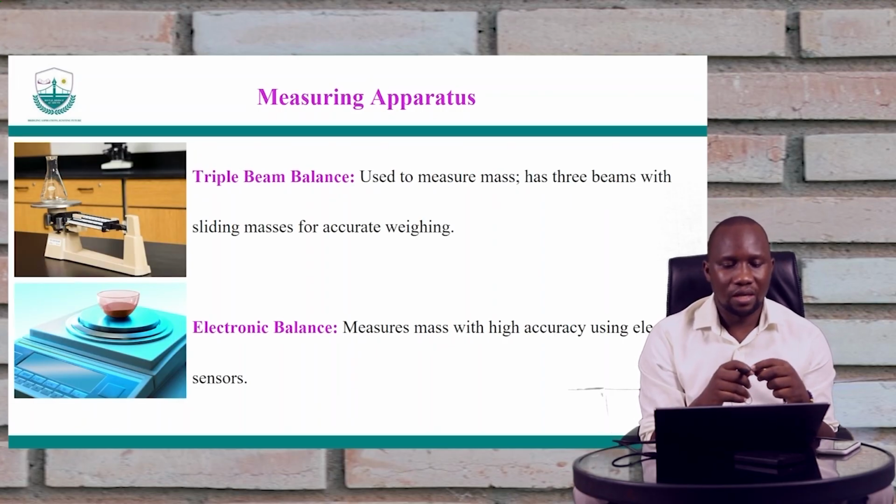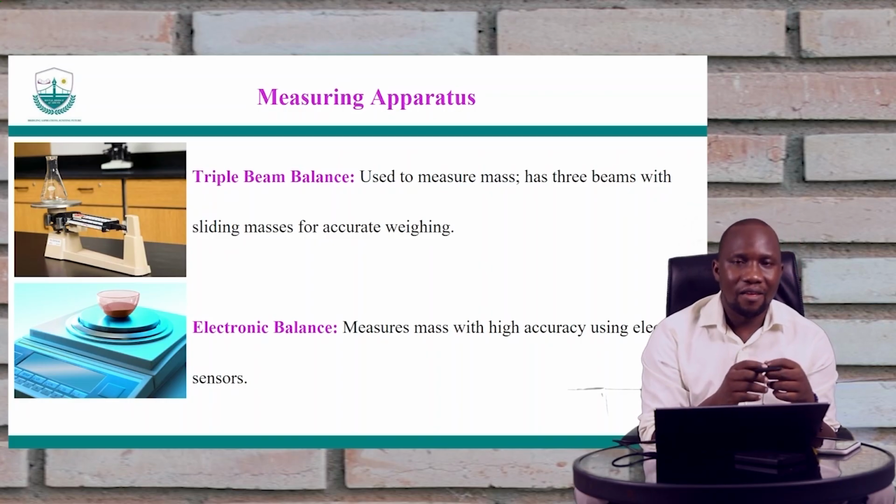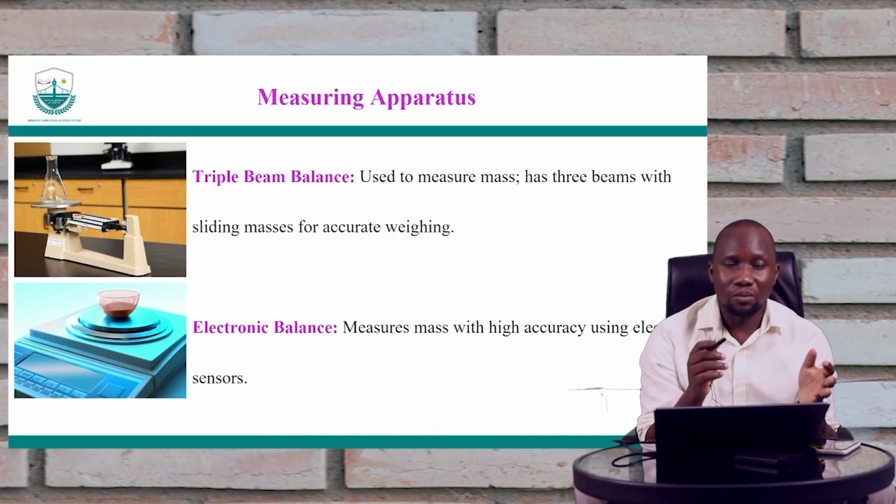And then we come to the triple beam balance. Triple beam balance. So here you have these weights that you have to move. There is that weight, there's another weight. So this is where the substance whose weight you want to determine is placed. It can be placed inside a beaker if it is a liquid.